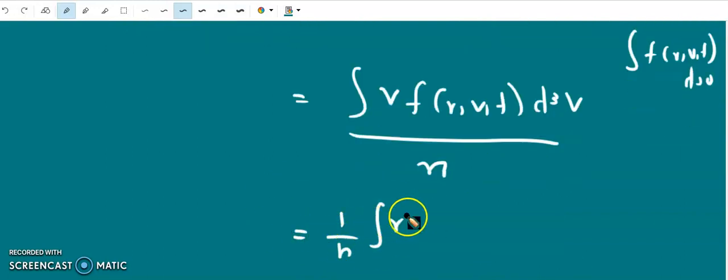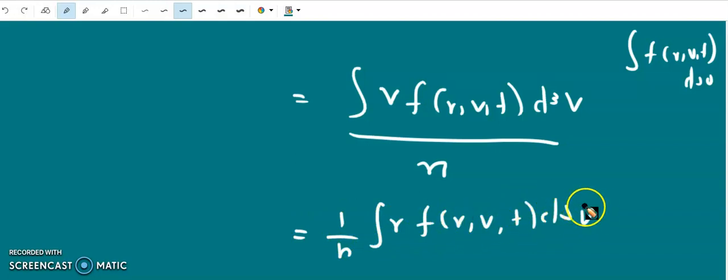So this is the average particle velocity u of r, t.